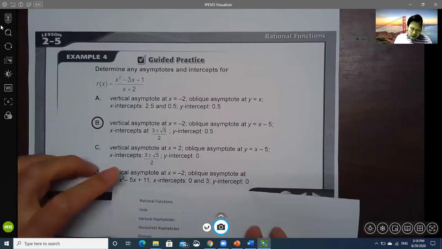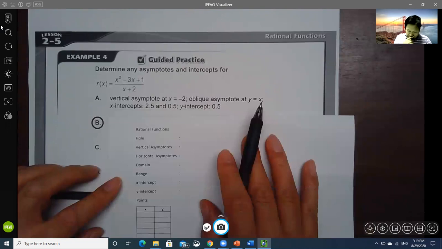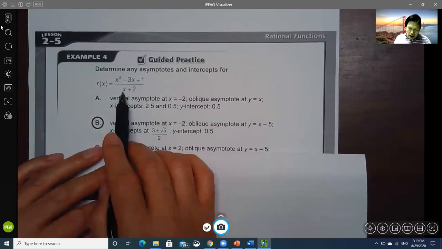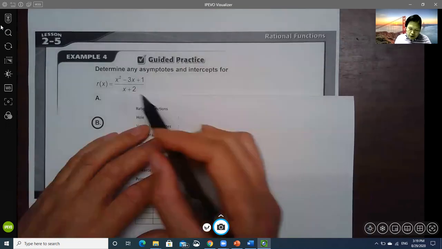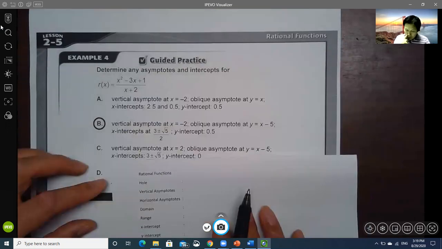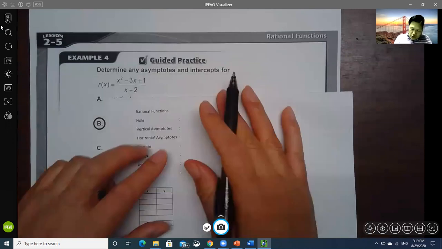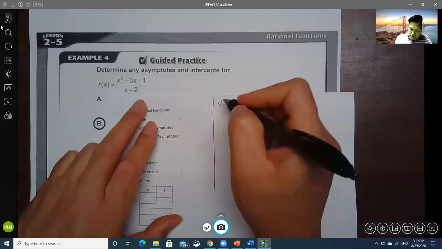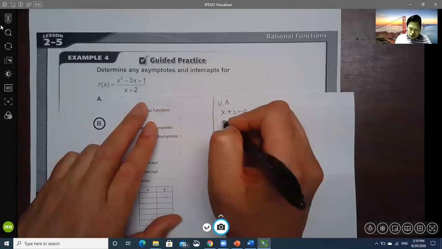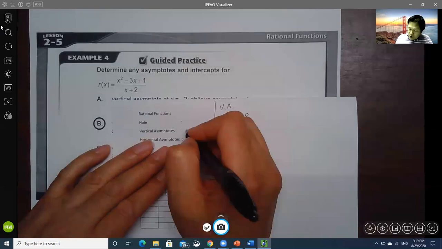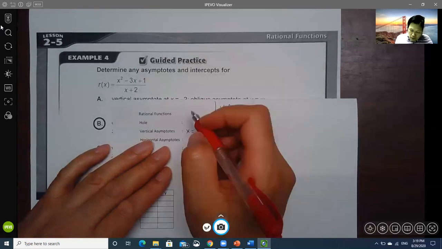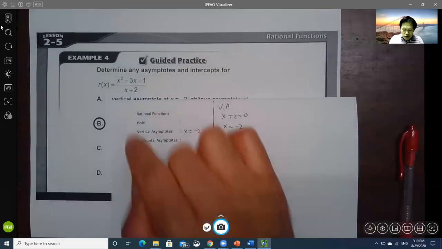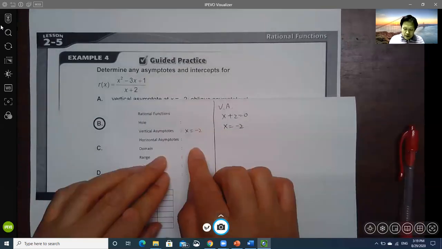Here, for the vertical asymptote, you can set the denominator equal to 0. So you got x equal to -2. So the vertical asymptote is x equal to -2. And they want intercepts, so domain, I'm not going to write. They didn't ask.